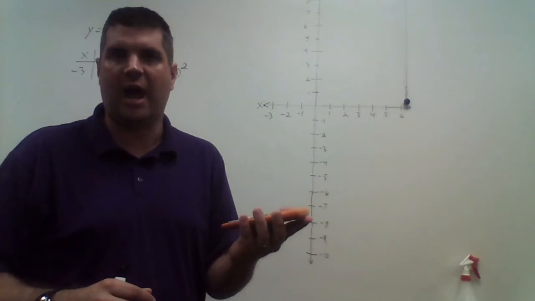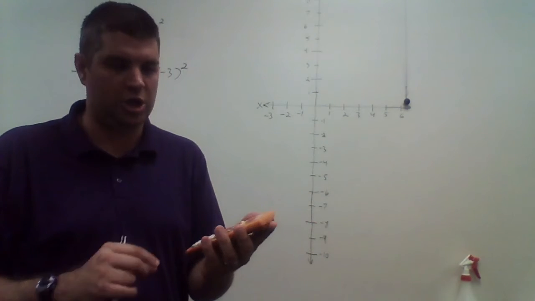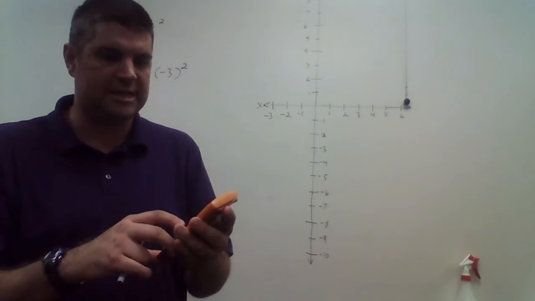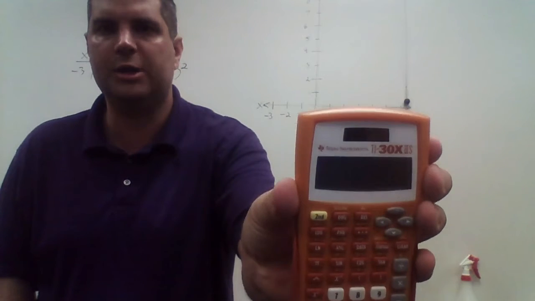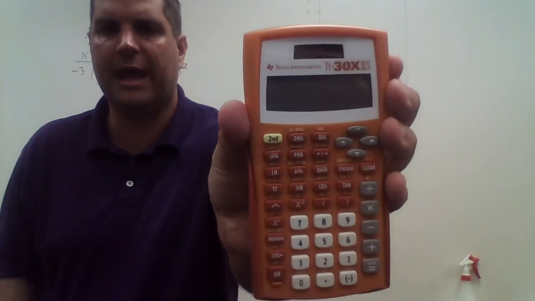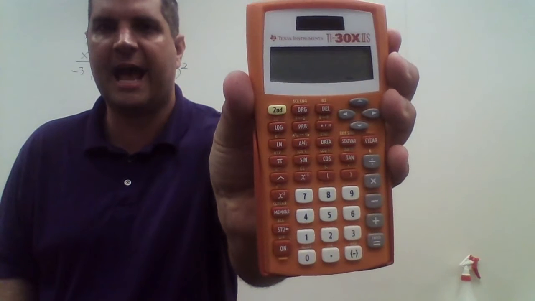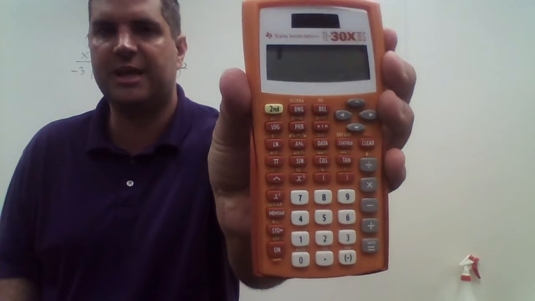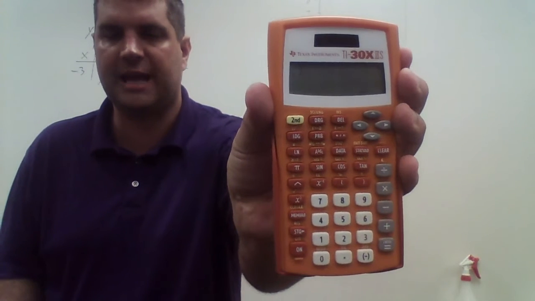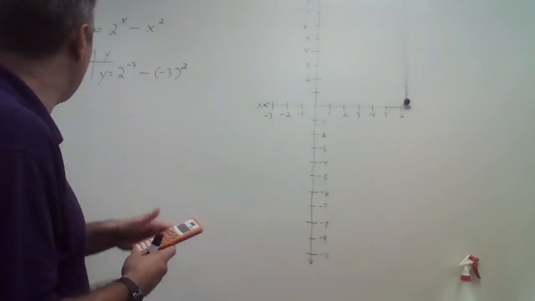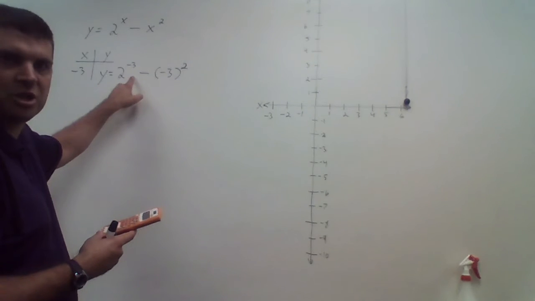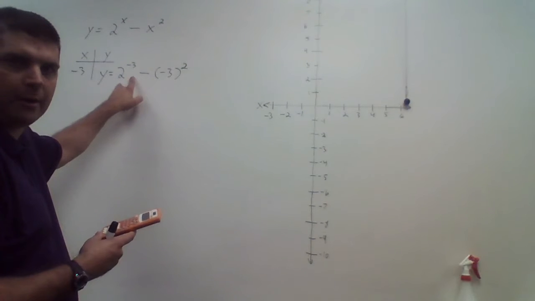I'm going to use a TI calculator because most of my students are using those. So this is a TI-30 X2. Well, you guys can read it. I generally use Casios, but since most of my students have this calculator, I'll show you how to use it. So I want to do 2 to the -3rd power. I'm just interested in this part right here.